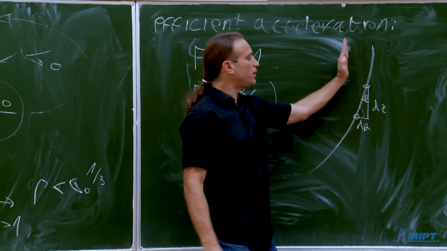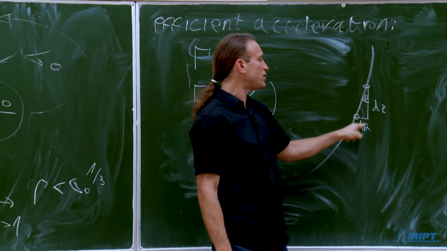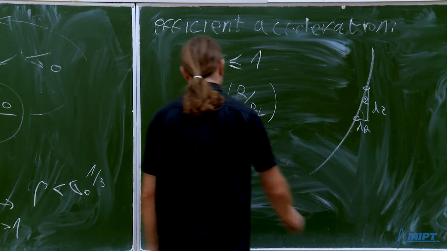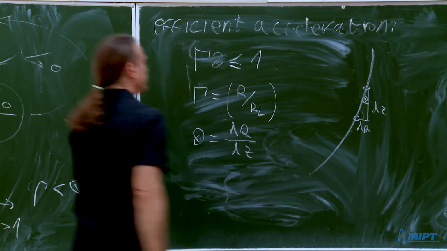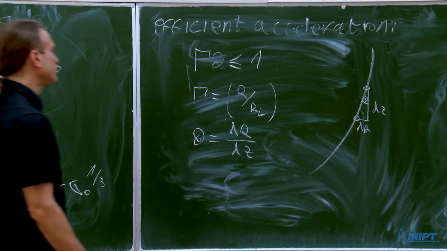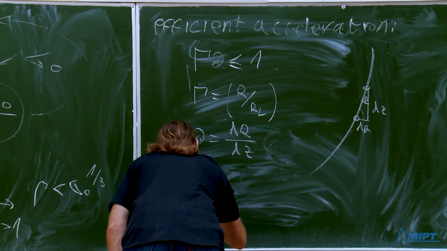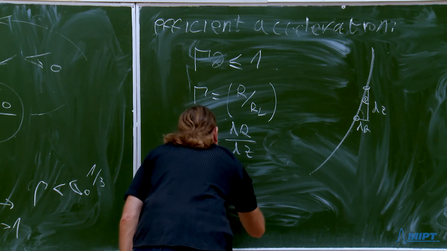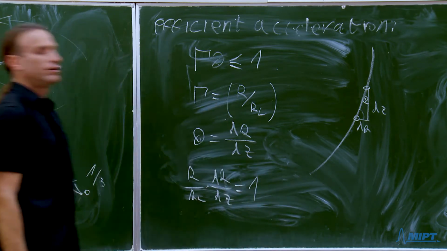When I'm completely perpendicular, theta is 0. So theta is tangent, so it's just dr over dz. So theta is equal to dr/dz. So my limit condition is that r divided by RL times dr/dz is equal to 1.